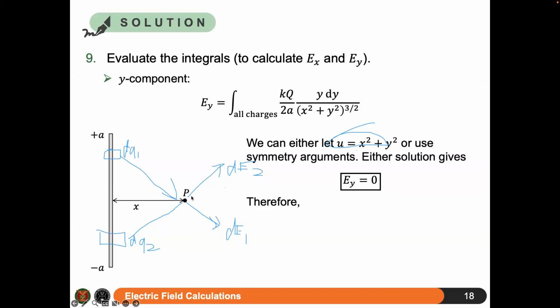If we decompose the y components, they have the same magnitude because the charge is uniform, so dq1 and dq2 have the same charge. But they are in opposite directions, so they will cancel each other out.